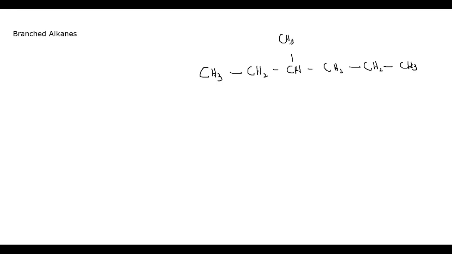So you can identify it's a branch. How do you identify it's a branch? Because there are 3 ends, 1, 2, and 3. So you identify it's a branch because there are 3 ends.